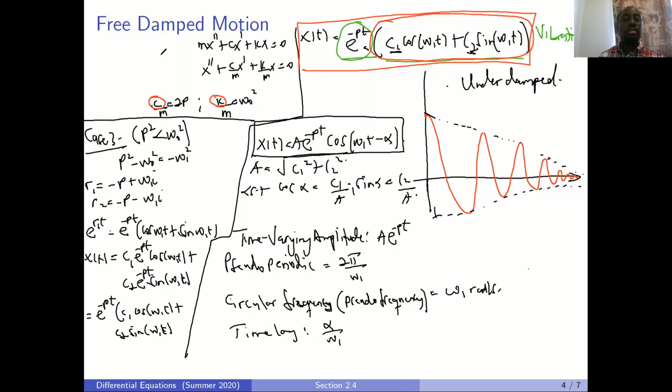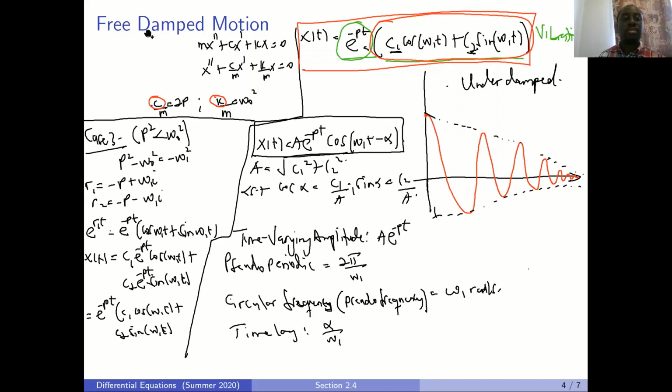All right. Now, in practice, you don't need to remember what p squared is, what w naught squared is, and all these classifications. All you need to do is to be able to set up the differential equation and then solve it.